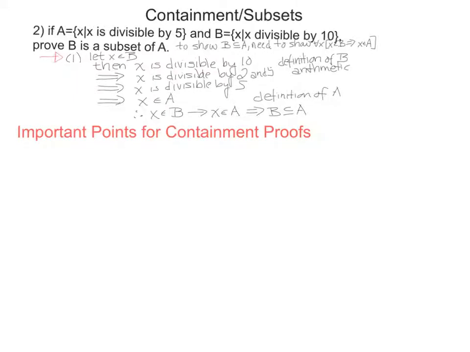Now from our last example, we can find some important points for containment proofs. The first point is all correct proofs use the definition of containment.